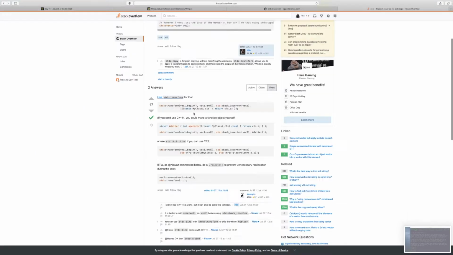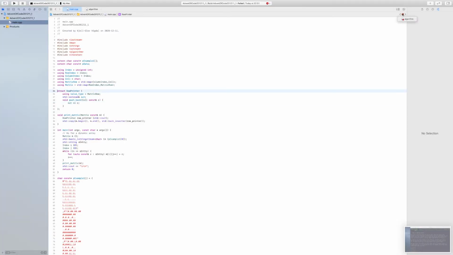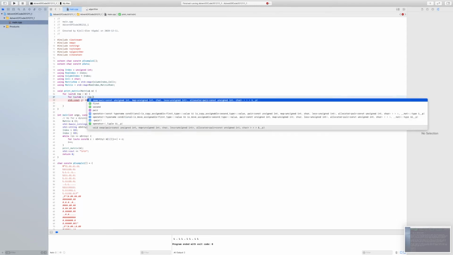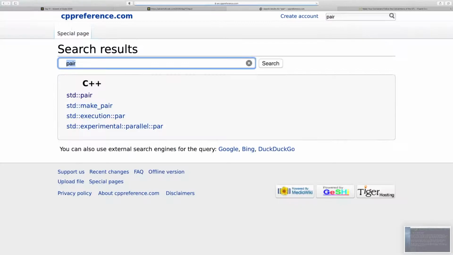So there you saw me defining the data types for convenience, and here I'm trying to use transform or if or any of the standard libraries with a matrix printer. I struggled with that for a while and finally gave up because I couldn't figure out what API this printer should have.